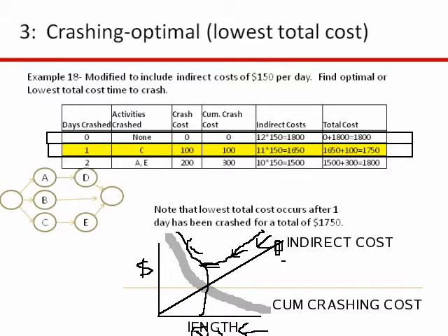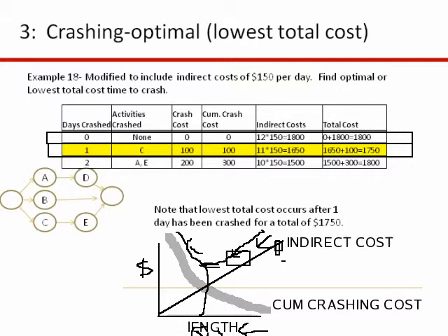So we spent $100, but we've saved $150, because notice the indirect costs now are 11 times 150, or $1,650. So our total cost has gone down by $50. It was $1,800 when we didn't crash, and now it's down to $1,750. So again, we're coming down this total cost curve.